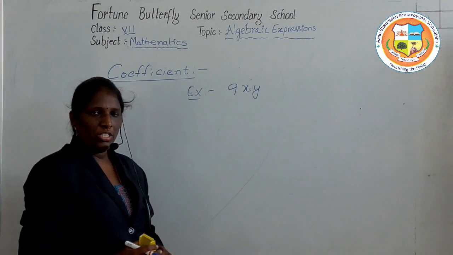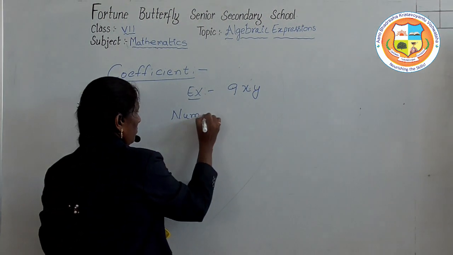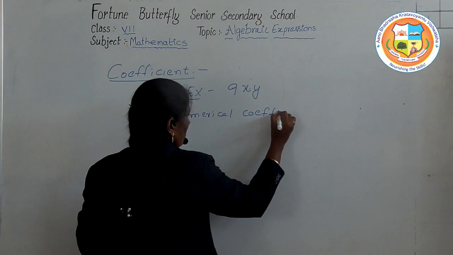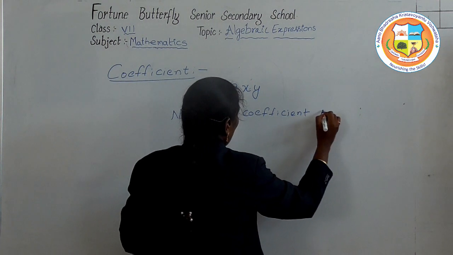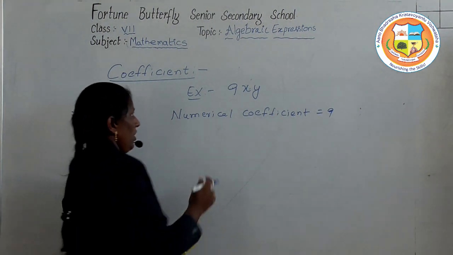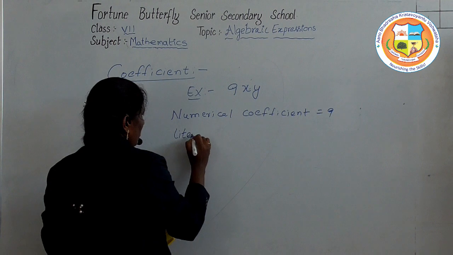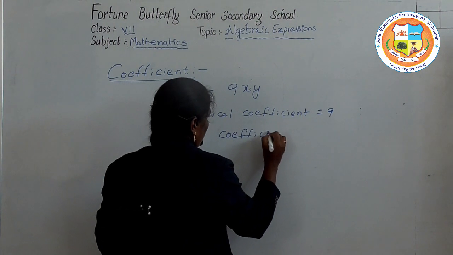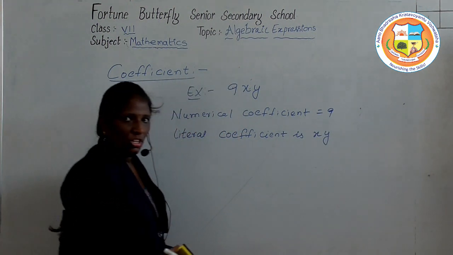Here 9 is a numerical coefficient. Numerical coefficient is 9. Next, xy is a literal coefficient. Literal coefficient is xy.